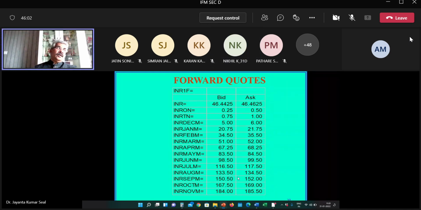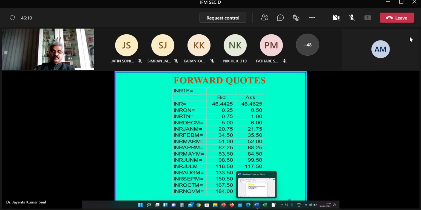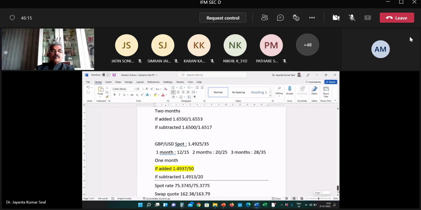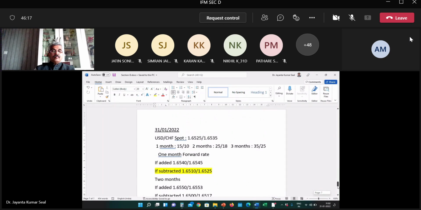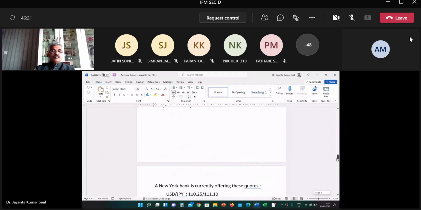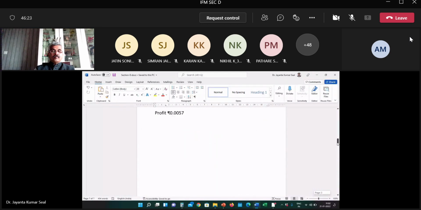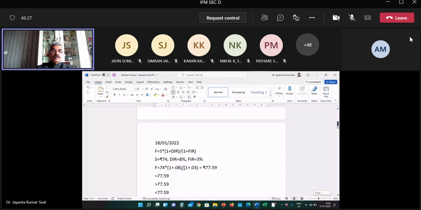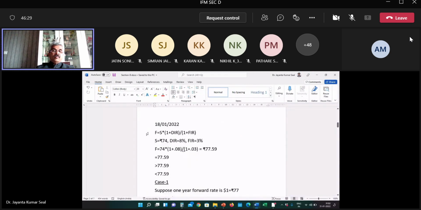As you go further, your rate will be more, because of the domestic interest rate. This is the formula for the forward rate.